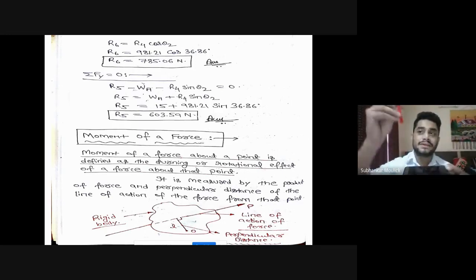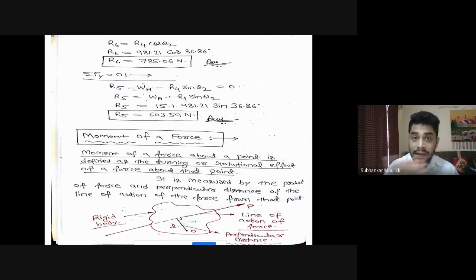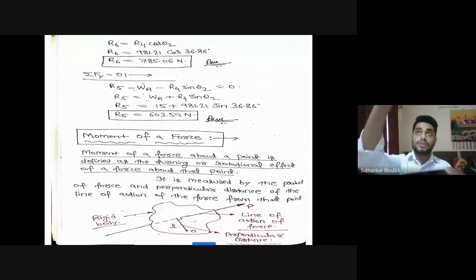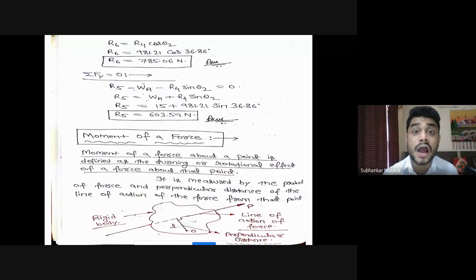A transverse force is a force which you apply perpendicular to the direction of the body. The angle between the force and the body is 90 degrees. That type of force we call a transverse force or a transverse load.